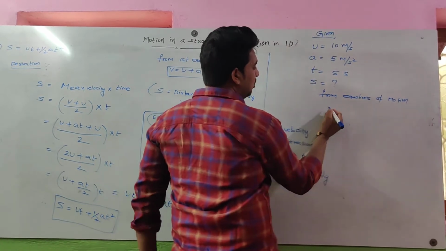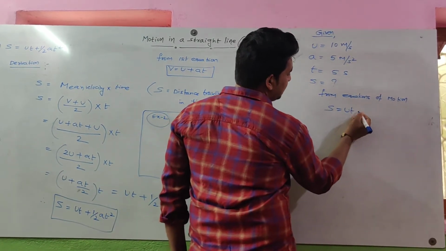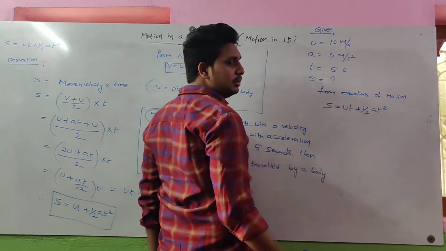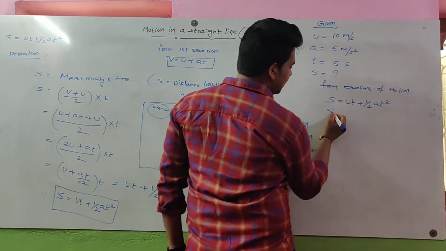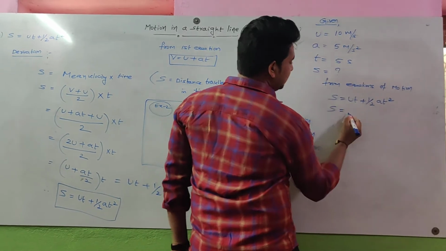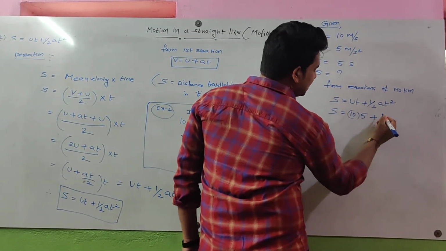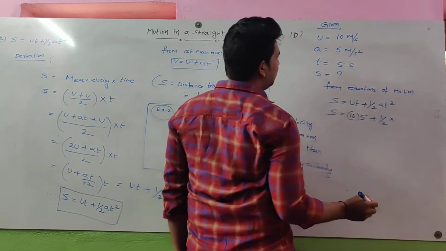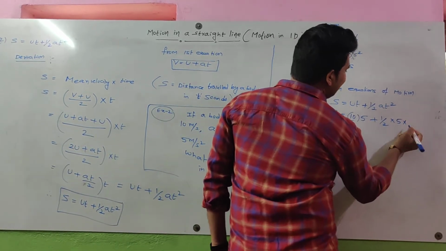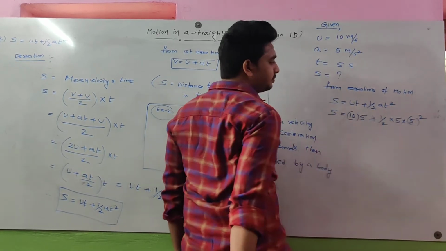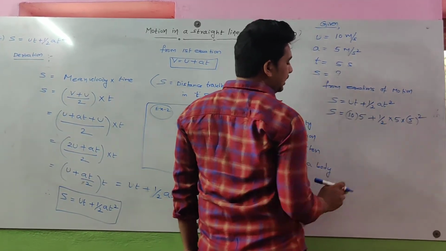So S is equal to ut plus half at square. Here, S is equal to u value 10, time t value 5, plus half into acceleration value 5, into time value 5 squared.